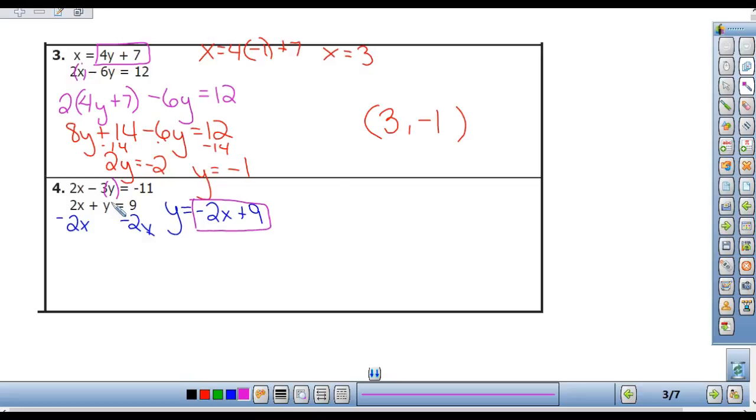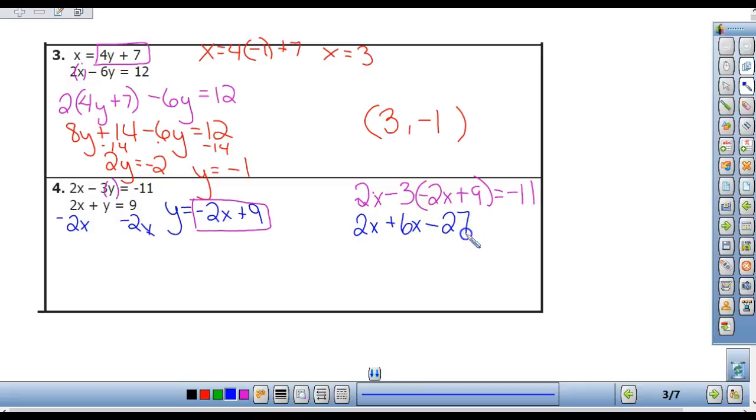Okay, so if I set this one up, I've got 2x. Be careful, put it minus 3 times what's going in? -2x plus 9 equals -11. So there you go, 2x plus 6x, because we've got negative times a negative, and then what is it going to be?